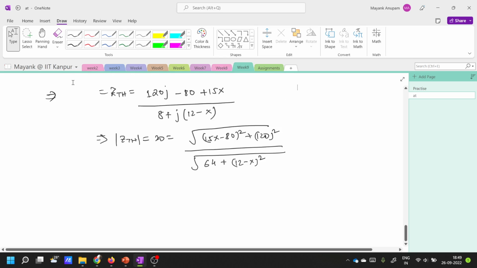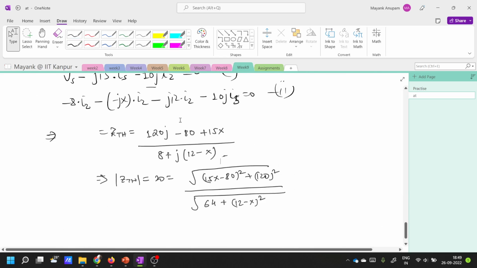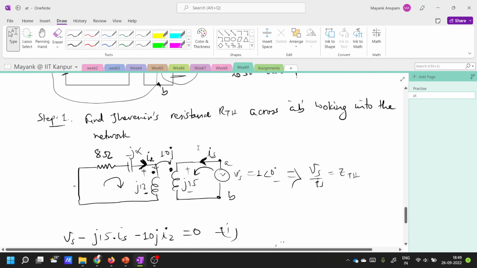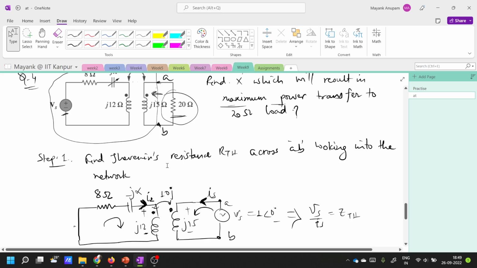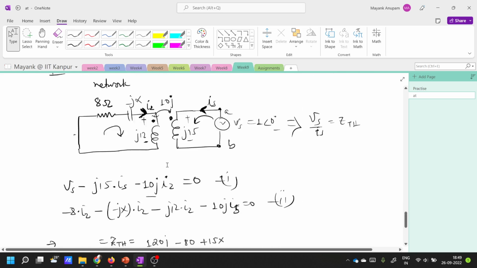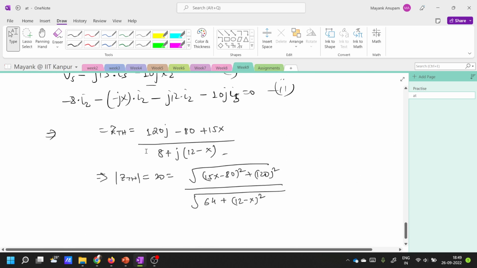So this is Z Thevenin. This is what you get, and you remember that this Z Thevenin will come out to be a complex value, right? And you remember that when the load was real and the Thevenin impedance was complex, the maximum power transfer condition was that the load resistance has to be equal to the magnitude of the Thevenin impedance.